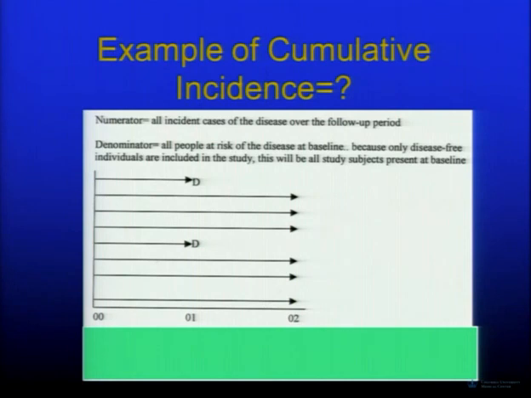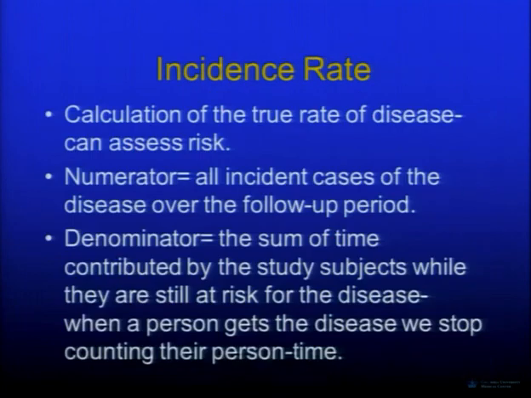When we start adding that concept of time is when we start thinking of it more as an incidence rate. So this involves that concept of time. So whenever you see rate, you should be thinking, okay, I should have something about person years or some kind of a time variable in here. And this is the true rate of the disease, and it can help us assess risk. The numerator is all incident cases over the follow-up, and the denominator here is the sum of time contributed by the study subjects while they're at risk for the disease.